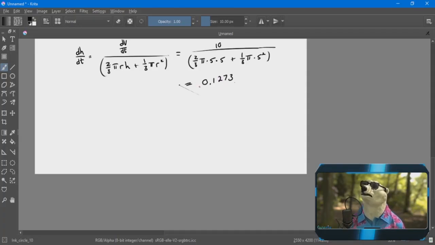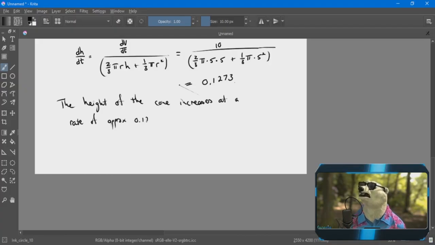So it's positive, which means the height does increase, and we can write our concluding sentence as: the height of the cone increases at a rate of approximately 0.1273 meters per minute. And we are done. Let me zoom out.